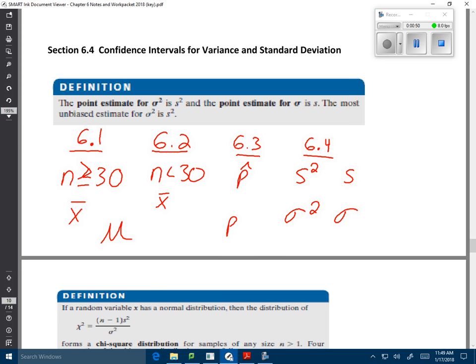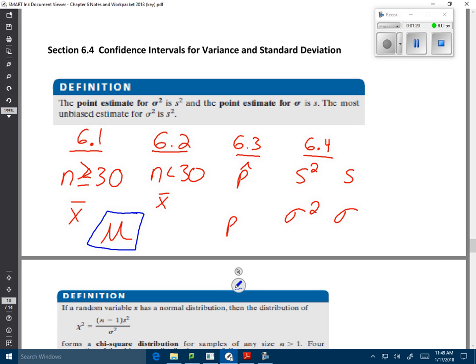Now just kind of a recap of chapter 6. 6.1 and 6.2 are based on the point estimate for the mean, so we use X bar. The actual mean for the population is mu, so we're finding a confidence interval for what the actual mean is.